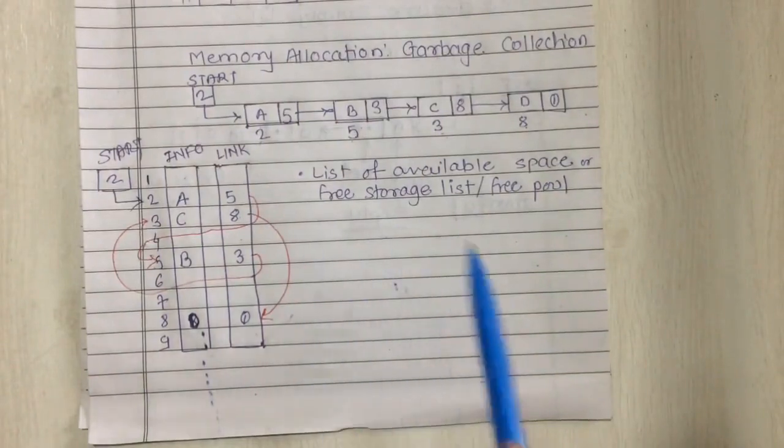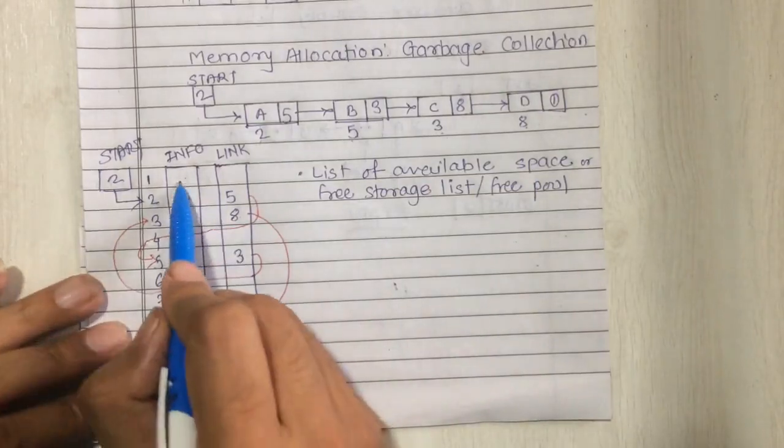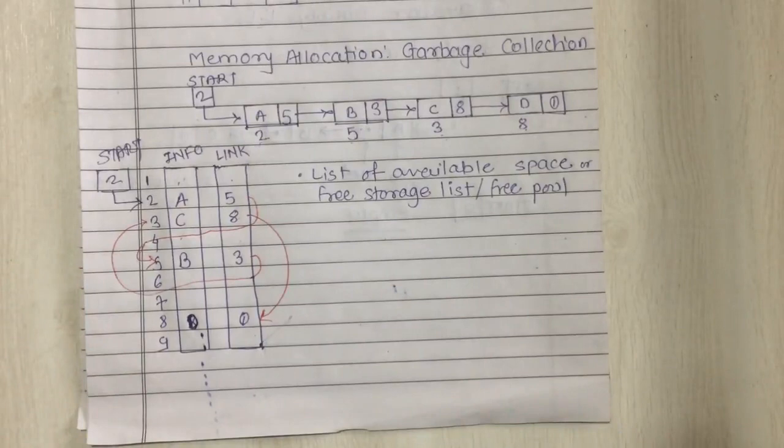What is this list of available space, free storage, free pool? Basically, whatever free space is available, we require that free space for further processes. So we have to maintain that free space somewhere else. To maintain it, we have one more list, called the list of available space, or the free storage list or free pool. So this is the simple concept of the free pool.